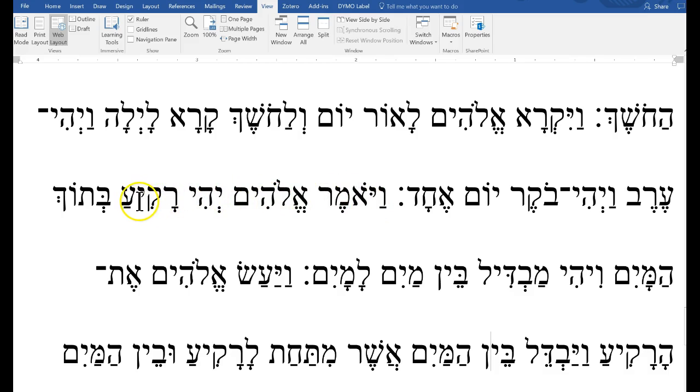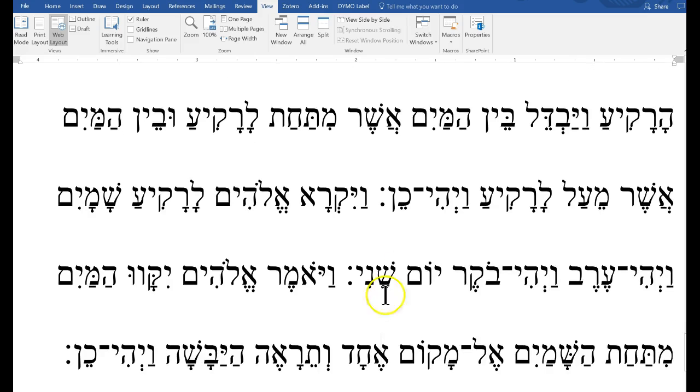Vayomer Elohim yehi rakia betoch, that's that tavek word from our vocabulary, in the middle of, hamayim, vayehi mavdil bein mayim lamayim, vaya'as Elohim et harakia, vayavdel bein hamayim asher mitachat larakia uvein hamayim asher me'al larakia, vayehi chen.